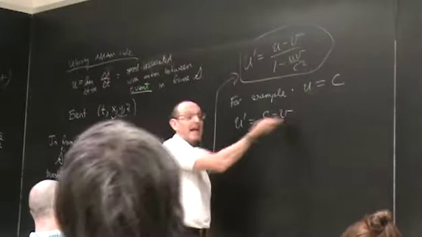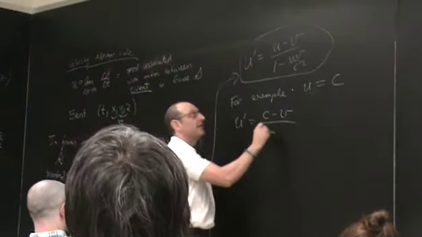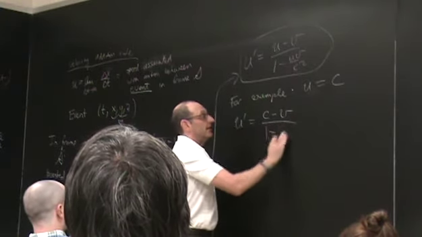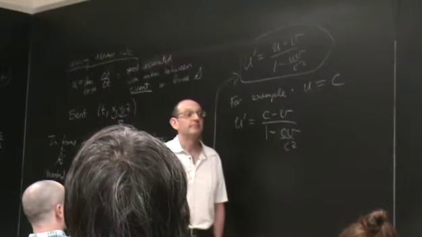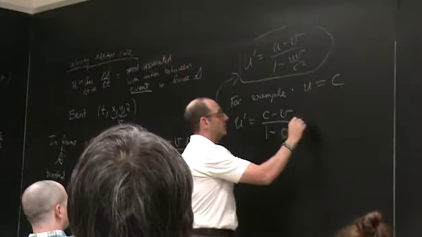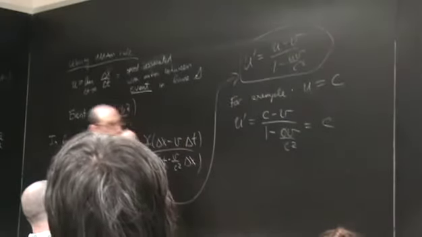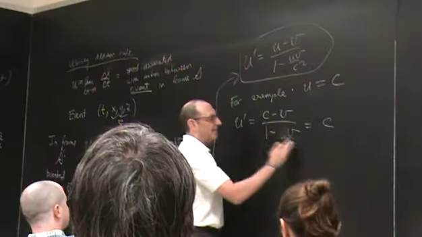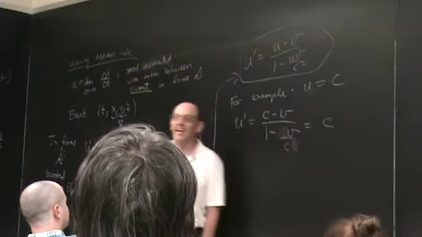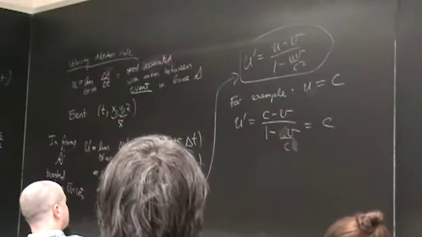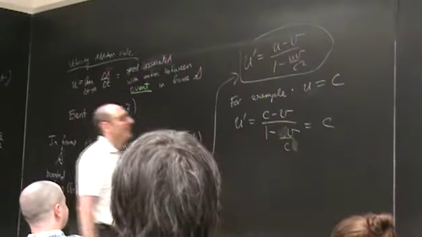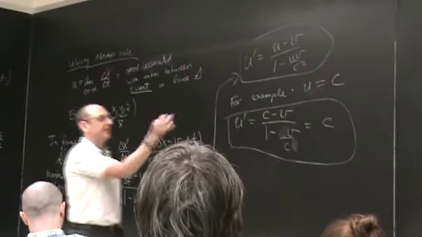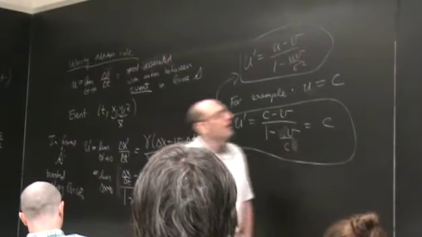If you're co-moving, you'd catch up, but normalized by this factor, 1 minus c v over c squared, which is equal to c. Right? Because I could cancel out the c, multiply everything by c, and I got c. So as we see, it's c. The speed of light is the same in all reference frames.